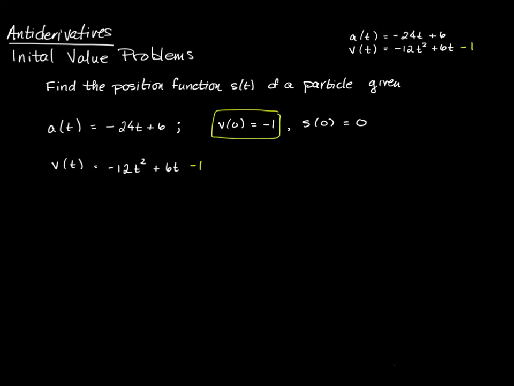The derivative of the position function is the velocity function, and the derivative of the velocity function is the acceleration function. We were given the acceleration function, and we took its antiderivative, we took its integral to find the velocity function. Now what we're going to do is take the antiderivative, or the integral of the velocity function, to find the position function. In order to do this, remember we need these initial conditions.